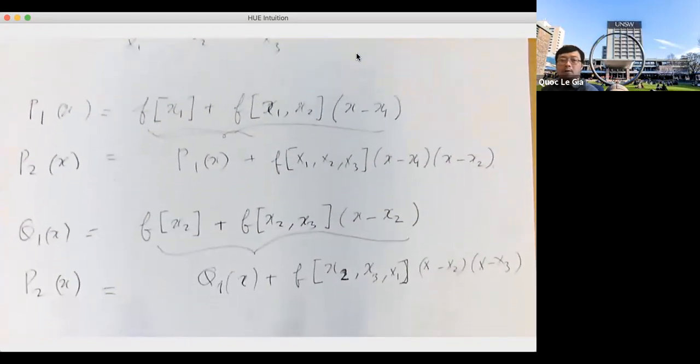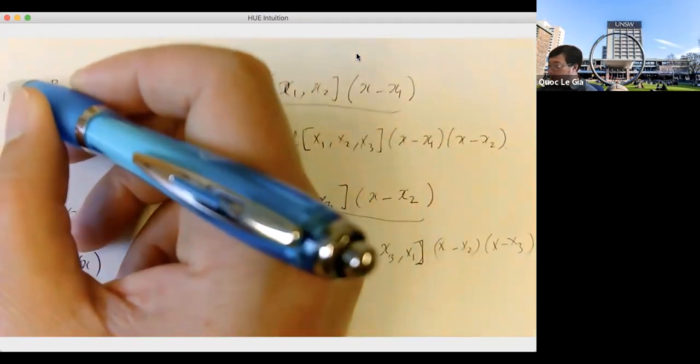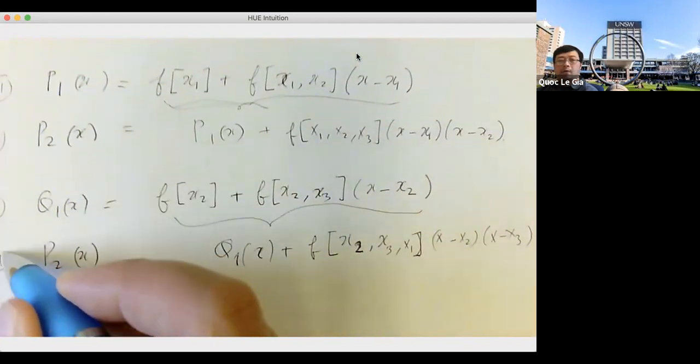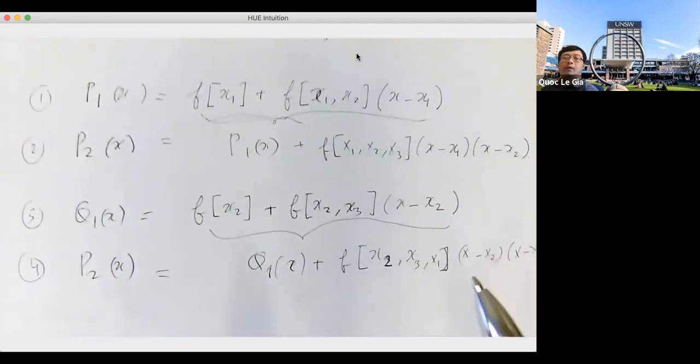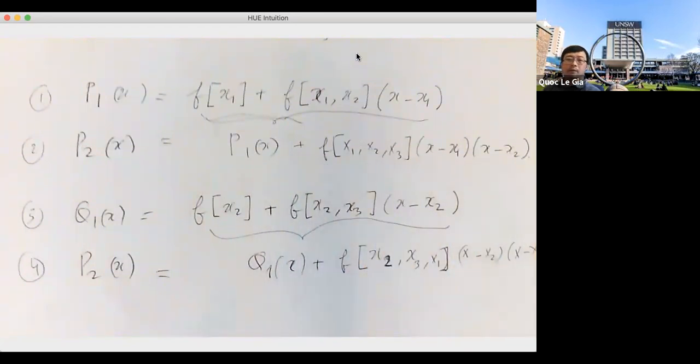Now you have 4 equations, 1, 2, 3, 4. The idea is we will try to use equations 1, 2, 3, 4 in order to get out the divided difference over 3 points. How do we do that? Suppose I take P1 minus Q1, so equation 1 minus equation 3.